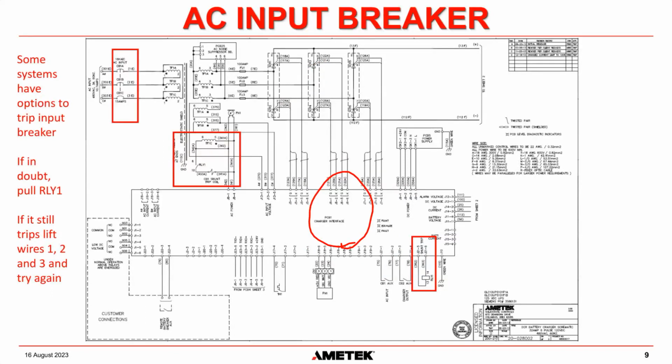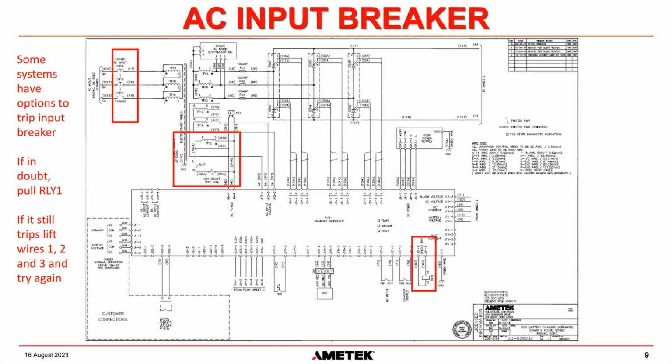It will energize RLY1. When you energize RLY1, that pulls in the contact for RLY1. I know it's a little bit complicated to see in this drawing, but there is an auxiliary transformer secondary connected to the input transformer, generating basically a 120 volt signal, and they're using it for fans and for other things.